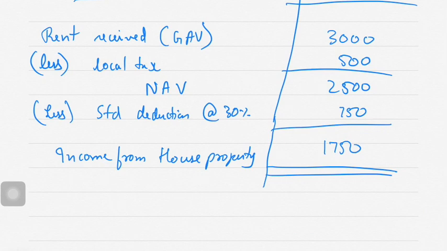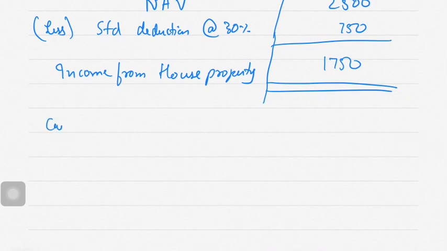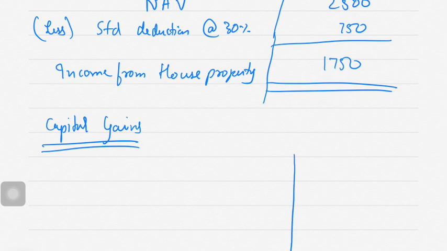Okay, let's calculate capital gains. Capital gains, again make two columns, particulars, amount.